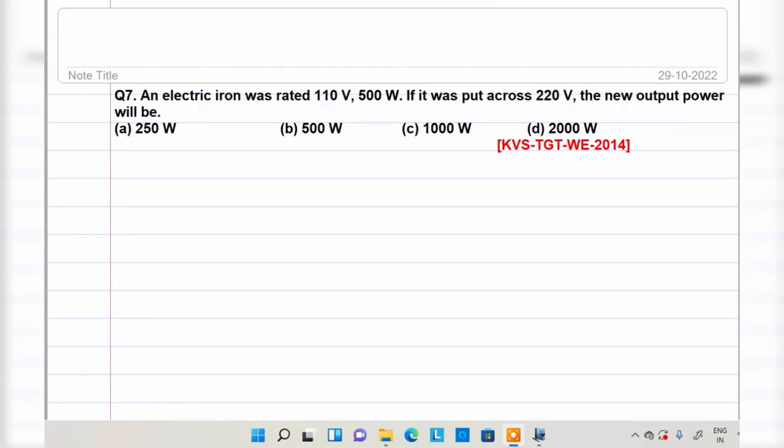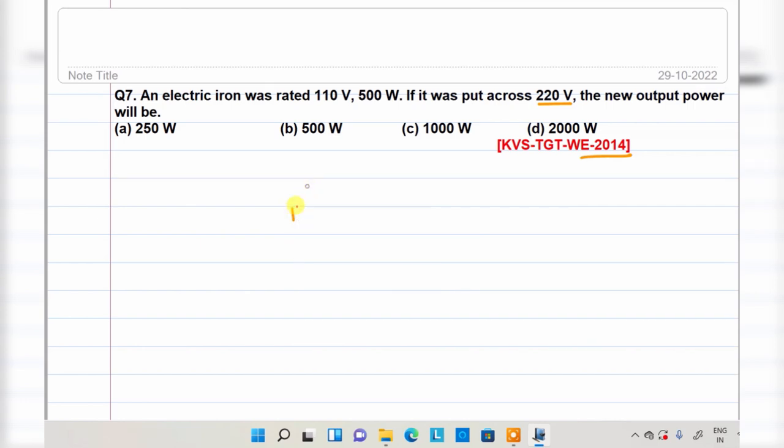We are moving to the 7th question from the 2014 question paper. An electric iron was rated 110 volts, 500 watts. If it was put across 220 volts, the new output power will be? This is the question. From this, I need to find the electric iron resistance first.